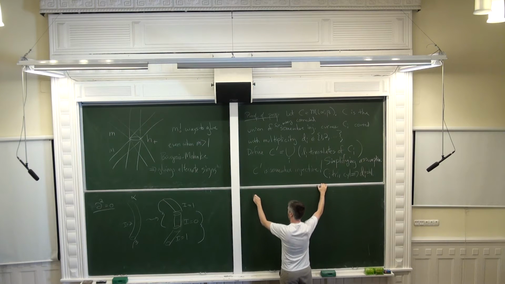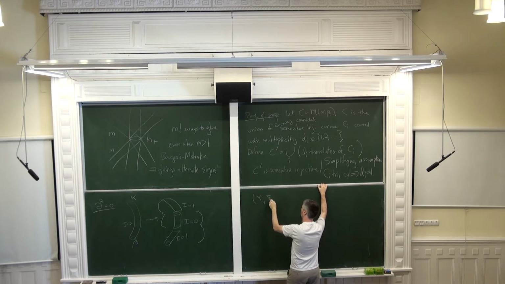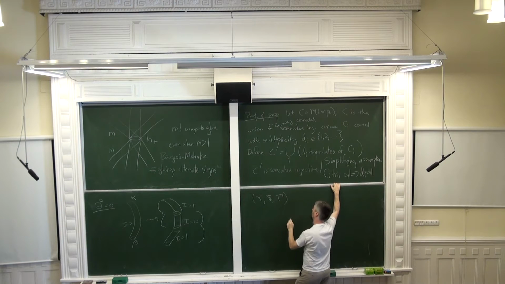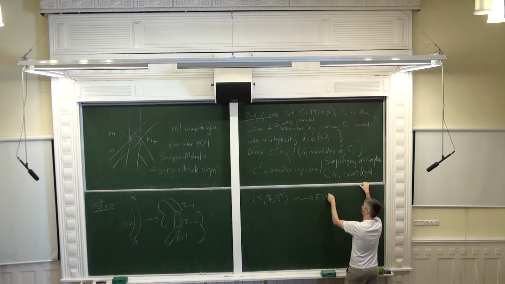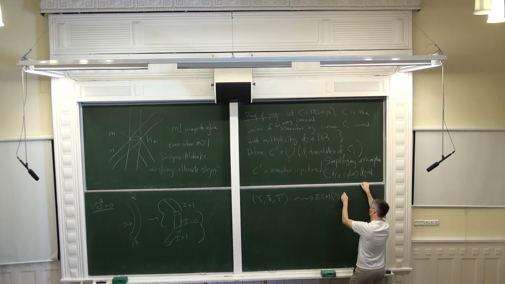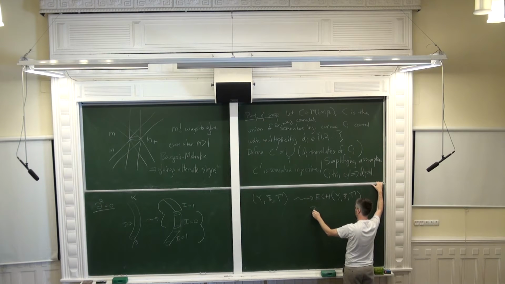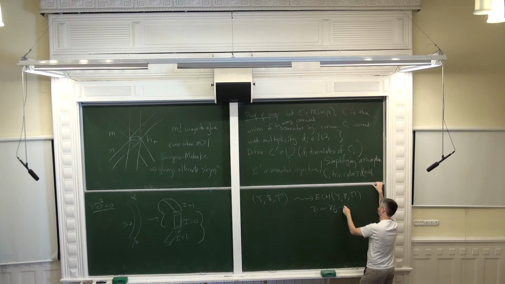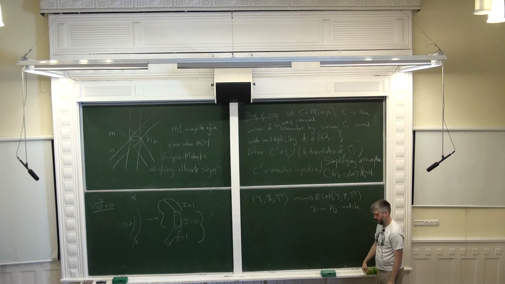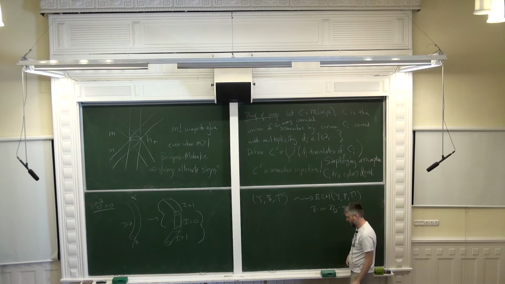So I've associated to Y, C, gamma, this ECH of C gamma. But this is a Z or Z2 module. And it has a grading. So it has a relative grading.